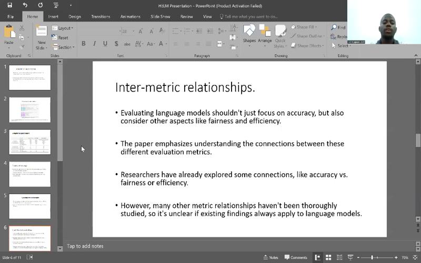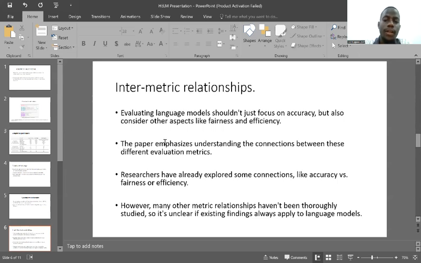First of all, we had what we call intermetric relationships, whereby these different metrics that were used to evaluate the model were related in several ways, and in some cases we used the correlation coefficients between the relationships.